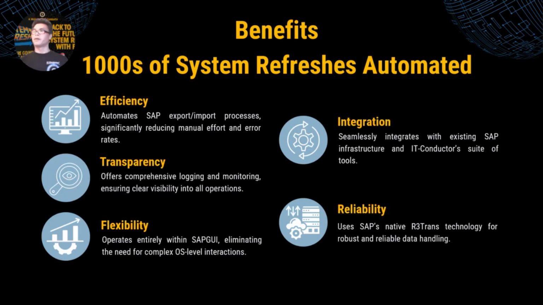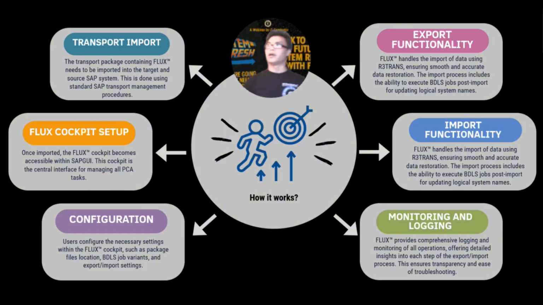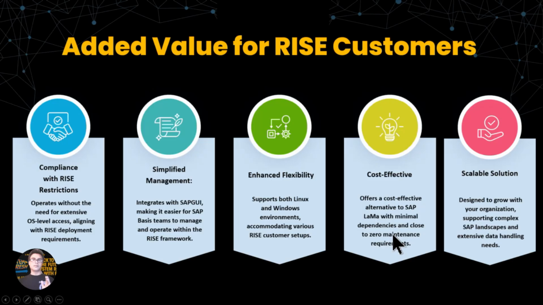Okay, so last overview slide before I hop into kind of a demo. This is just a summary, so I won't go through it. We have a cockpit, we have config, we're monitoring imports, etc. And some of our RISE customers that we actually worked with on-prem are now in RISE. The solution works seamlessly both on-prem and in RISE.